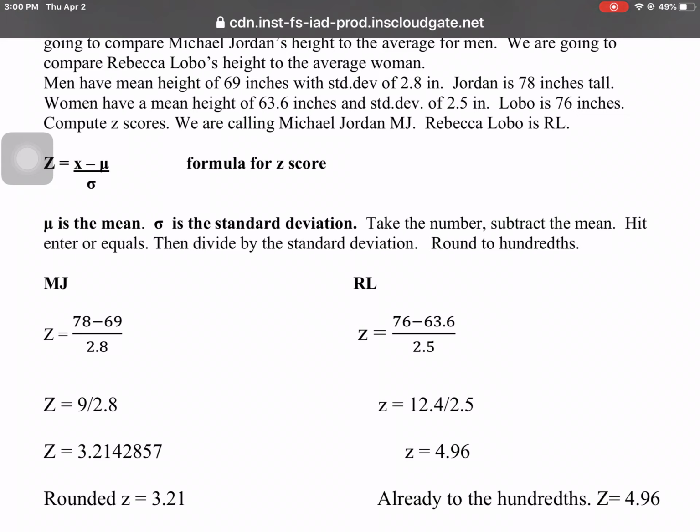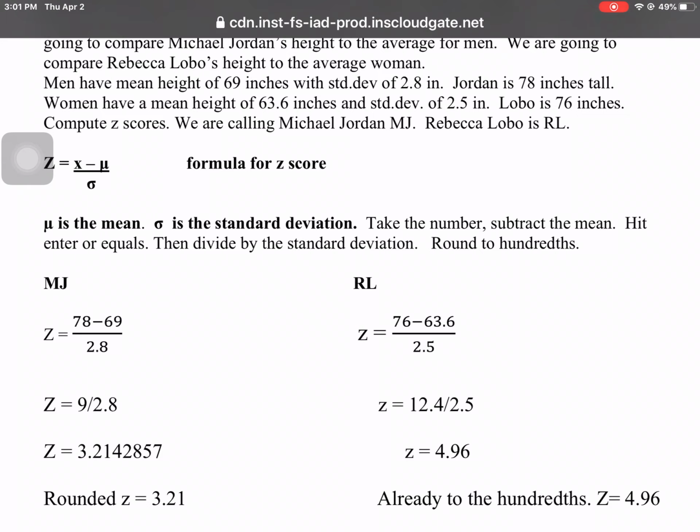Then divide that by 2.8. That equals 3.2142857. We're going to round to hundredths. The hundredths is the second place value. The second place value is a 1. Let's look to the right. There's a 4, so that 1 stays. So Michael Jordan's z-score is 3.21.